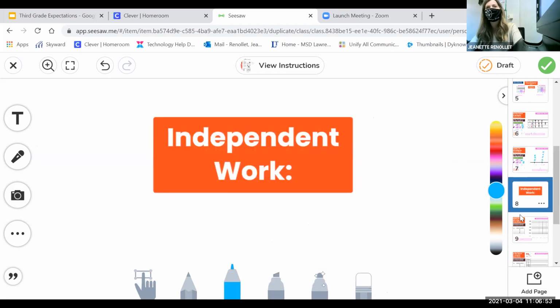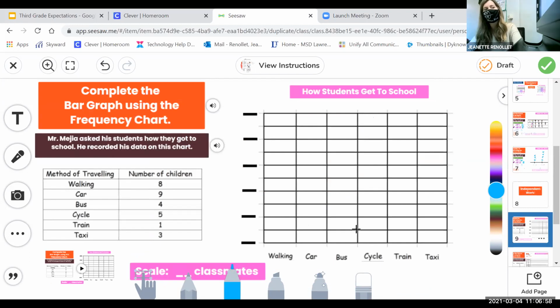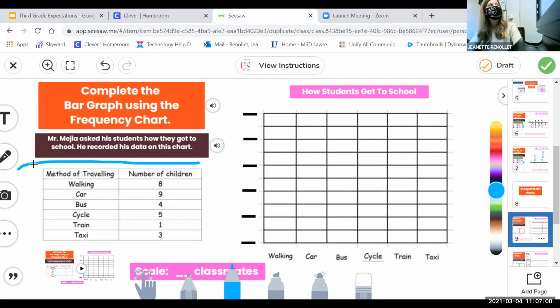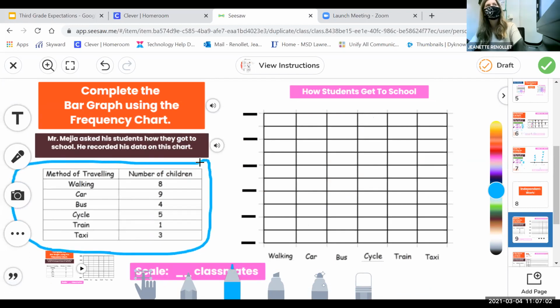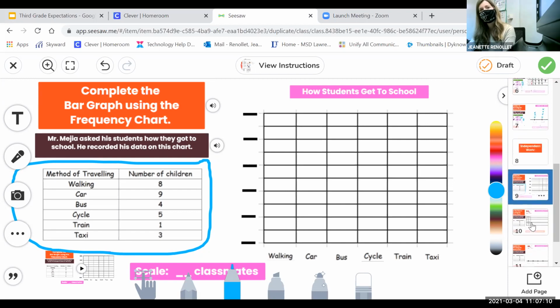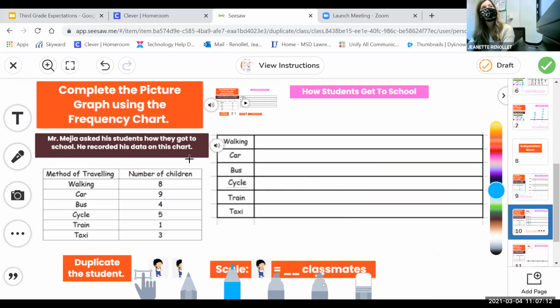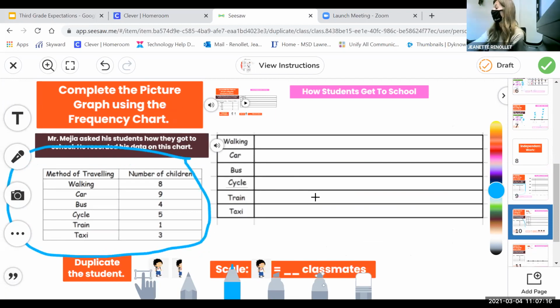Your task this afternoon starts on slide number 8. You have a bar graph with a frequency table. You need to choose the scale and write the scale. Then you will show the data on the bar graph. On slide 10, you have the same frequency table, but this time showing a picture graph.